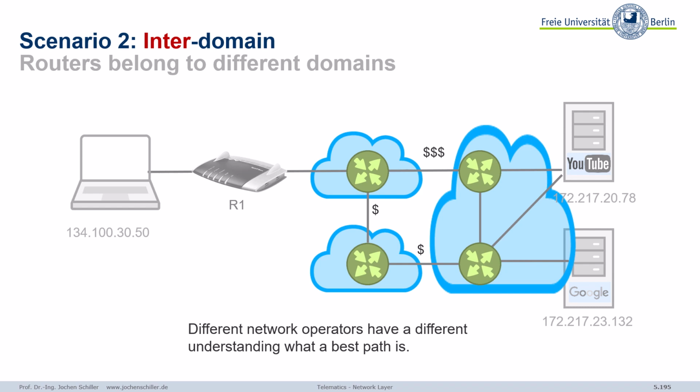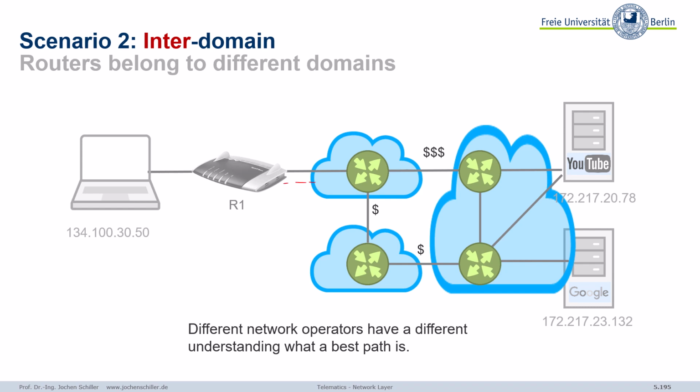So let's have a look at this example. Again, if we now assume we have three different operators, what we perform here is inter-domain routing. The routers belong to different domains. Then it could be the case, assuming a very simple scheme, that we always take the cheapest path.